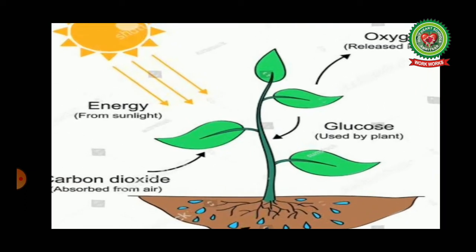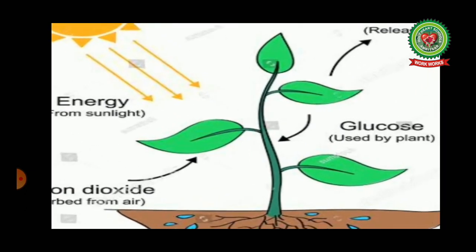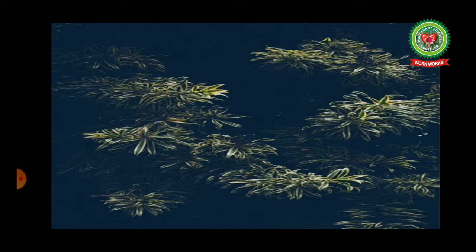During night time, we know no sunlight is available, so the plants are not able to prepare their food. So during night time, the stored starch is converted into sucrose, and this sucrose is translocated to different plant parts through a conducting tissue called phloem.